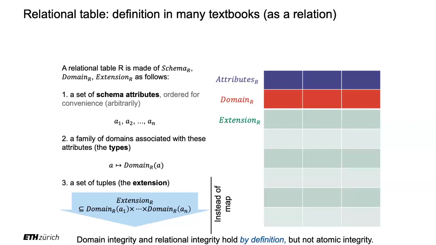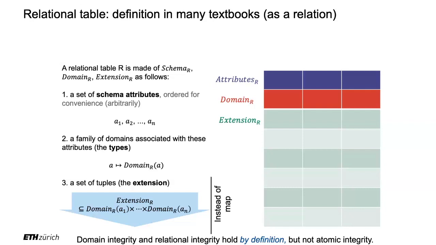What we call the schema is basically the name of the attributes plus the domains. And then we have the actual values that are in the Cartesian product. But you see the association with the attribute names and the domains is totally outside of the definition of the Cartesian products, right? So it feels glued together, basically, okay?